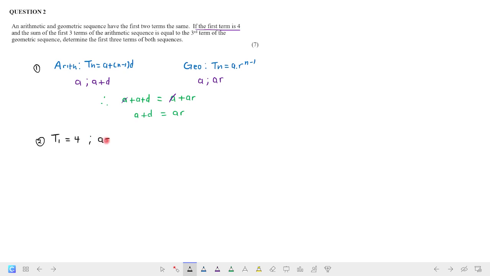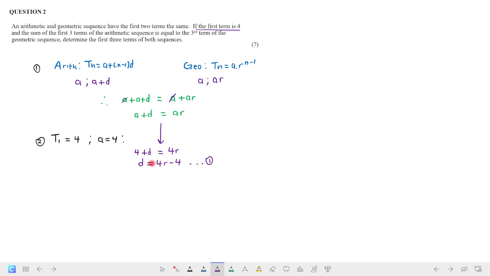So with that in mind, we need to update what we have there. If a is 4, then the equation that we got in the first sentence is 4 plus d is equal to 4r. Now as you can see here, I can work d as 4r minus 4, and that's basically my first equation. So I can either leave it like that or work with that.